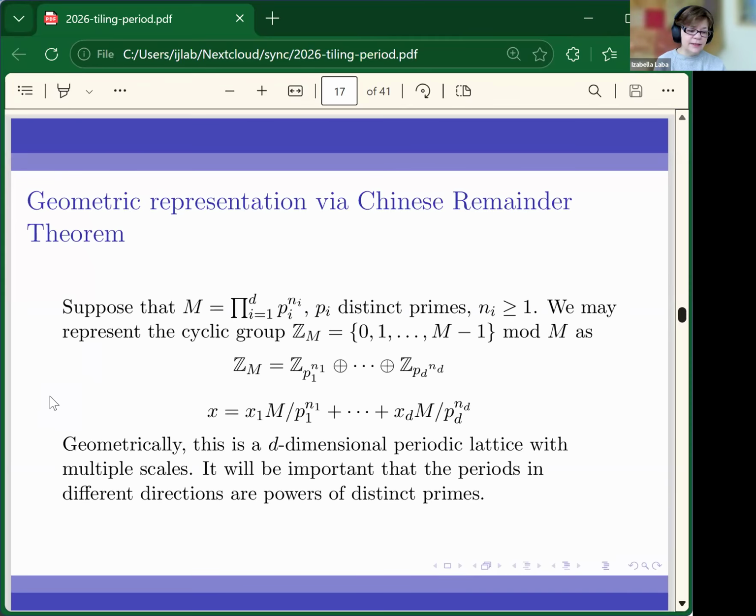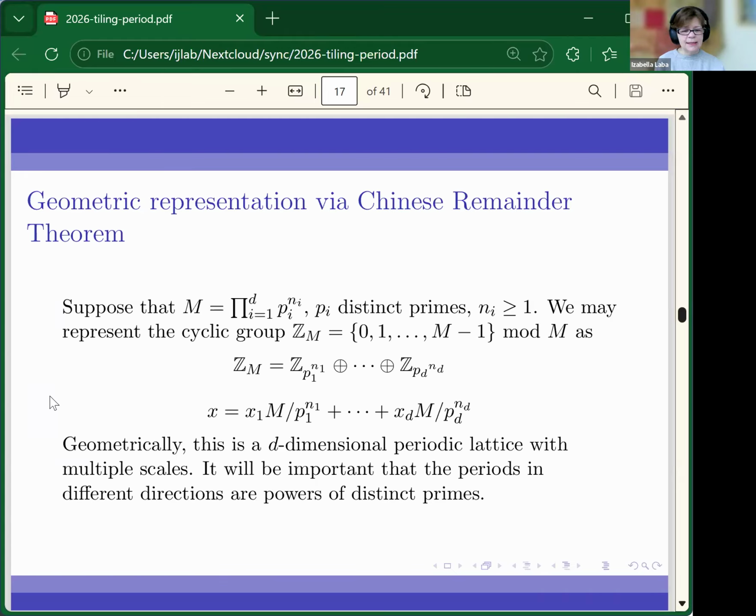I already said that we can reduce tilings of the integers to that setting. If M is a product of prime powers p_i to the n_i, then we can represent Z_M as a direct sum of the corresponding cyclic groups of prime power order. And geometrically, that represents Z_M as a d-dimensional periodic lattice with multiple scales.